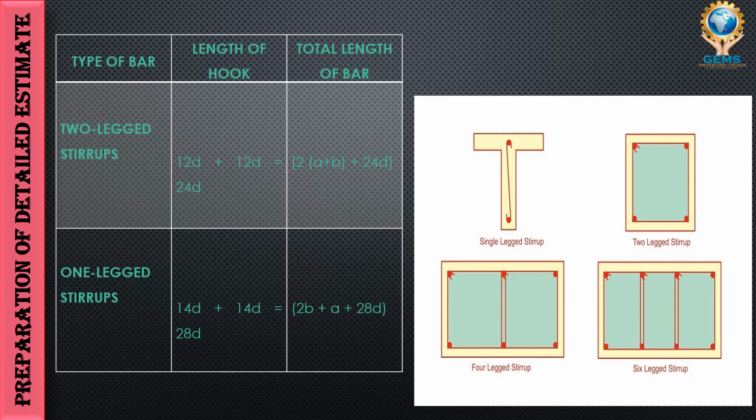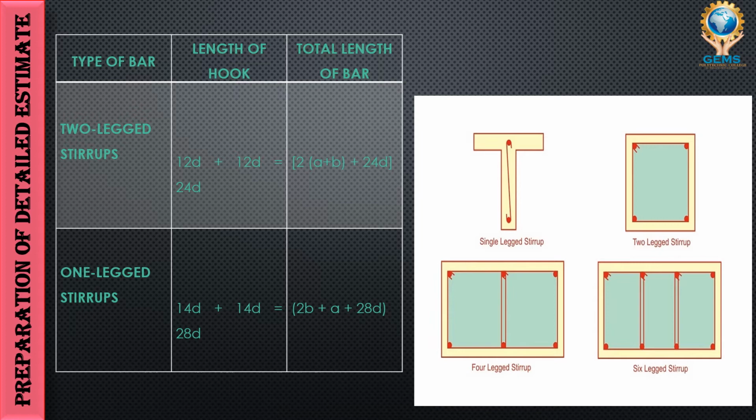So what is A? Here the image is a little different, it is a single-legged, one-legged stirrup, but you can see it in this image itself.